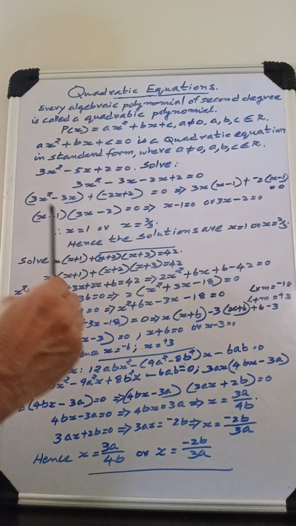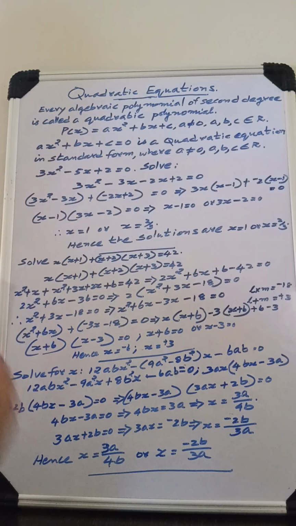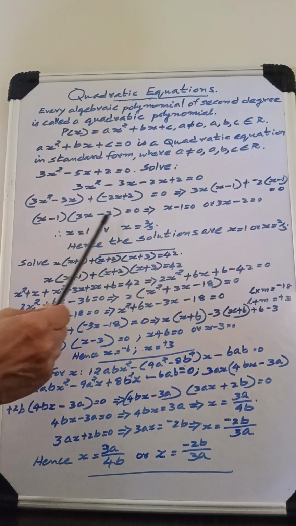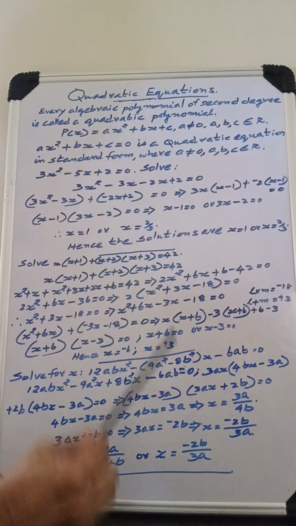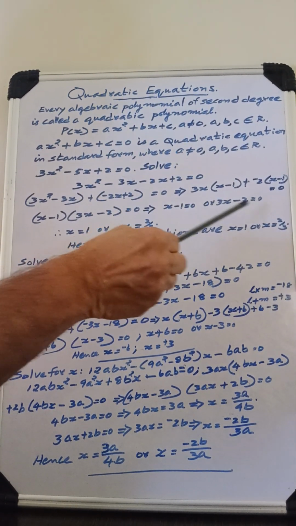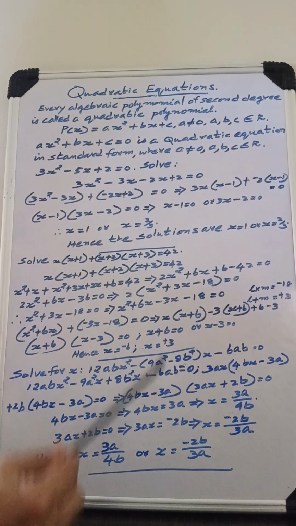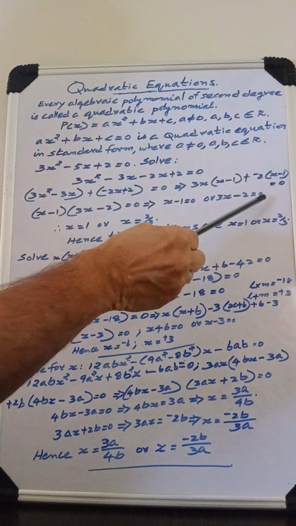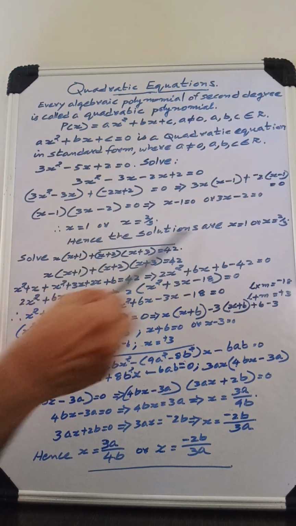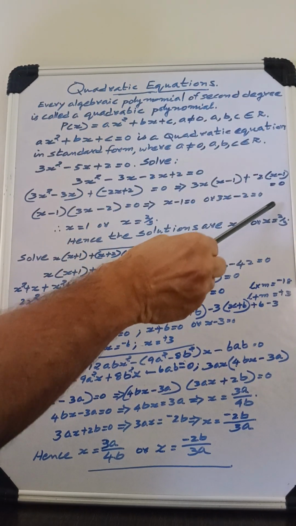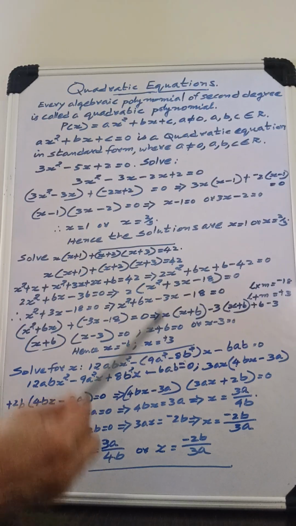Then x minus 1 equals 0 or 3x minus 2 equals 0. Therefore, x minus 1 into 3x minus 2 results in 0. That is the option given here. x minus 1 equals 0, then x equals 1. 3x minus 2 equals 0 means 3x equals 2, so the 3 is transposed to the RHS as divided by 3.